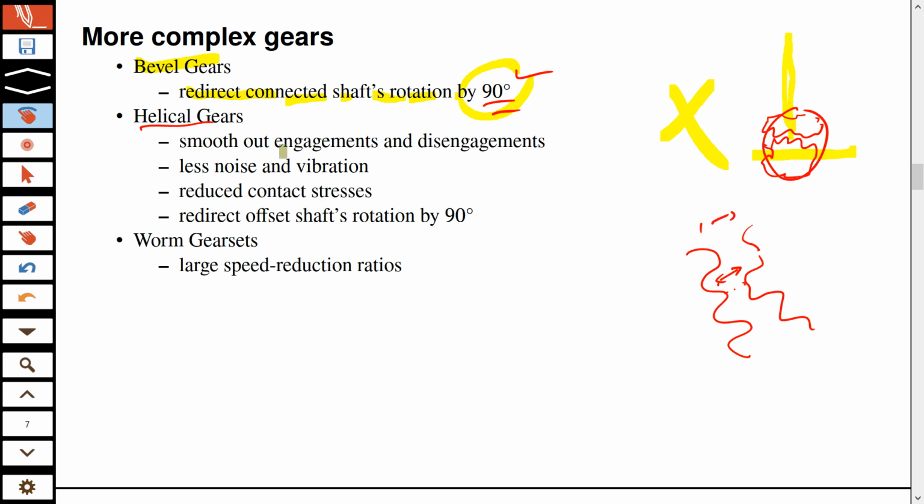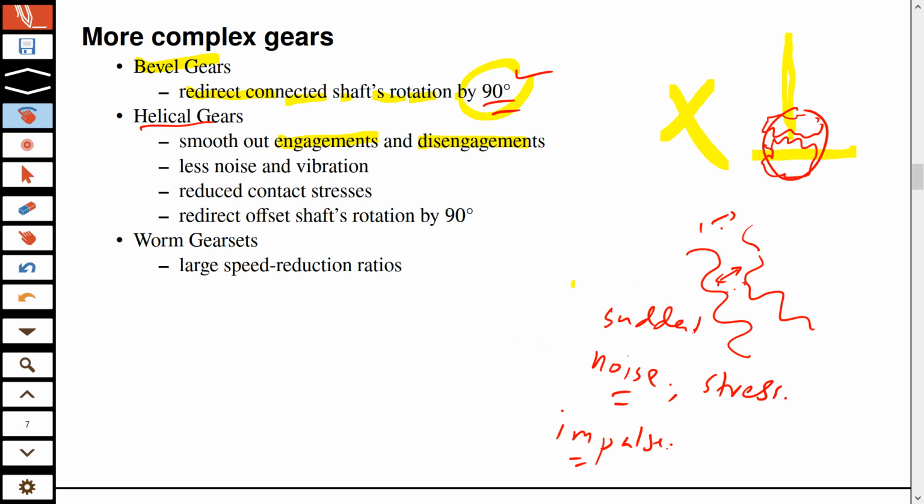The engagement when they encounter and the disengagement when they part is actually sudden. So they will suddenly collide and they will suddenly detach from one another. Now this produces many problems. This produces noise, and this actually produces stress. Sudden forces, impulses. If you remember, impulse is a sudden force applied over a short time.